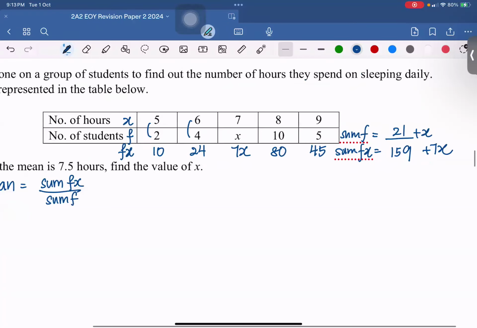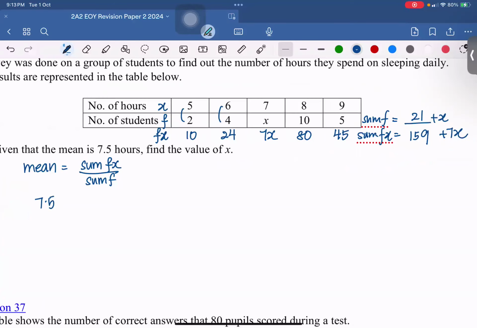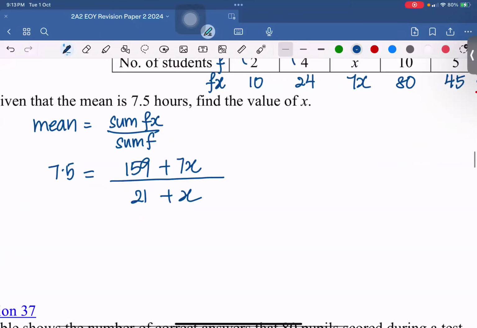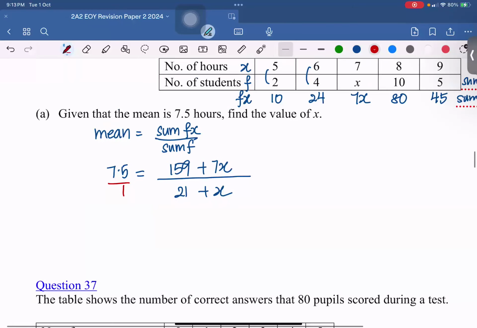Okay, so in this case, the mean is the number 7.5. It says sum fx will be 159 plus 7x divided by 21 plus x. Okay, then now got an equation again. What do we do? Cross multiply.